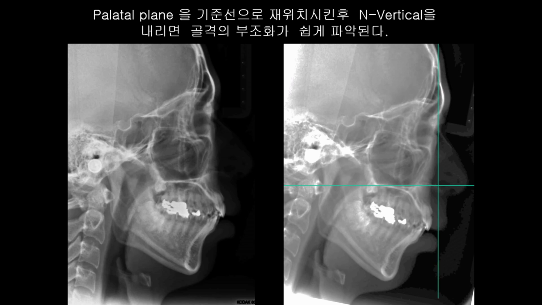let's start to evaluate the patient's bone structure, okay? So we need the parietal line like this. So we need to turn this X-ray to get it matched with the parietal line.